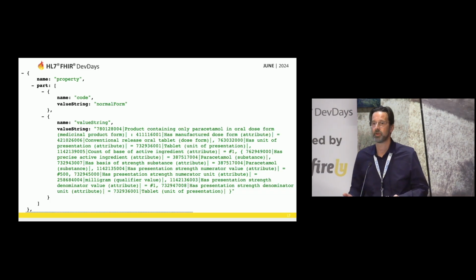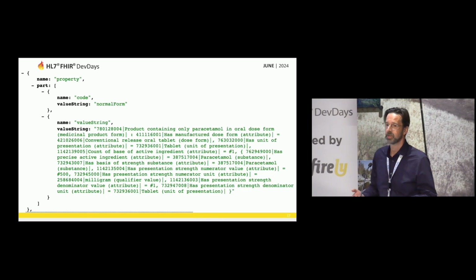Because it could be that we have a strength of a drug that runs into the millions, and so we need to be able to tell the difference between that and a SNOMED identifier. And again, between the pipe symbols, we have a text representation that is not required for machine reading. So these can get really tight, really concise.